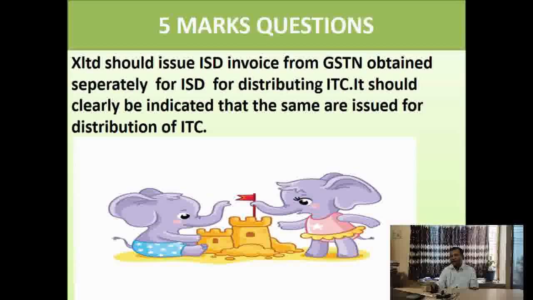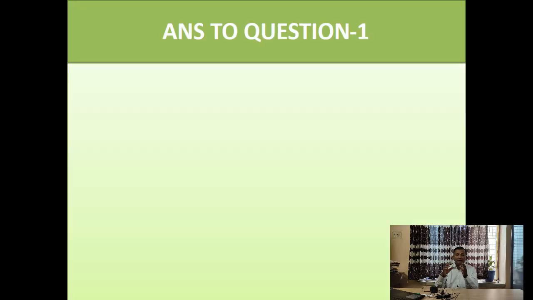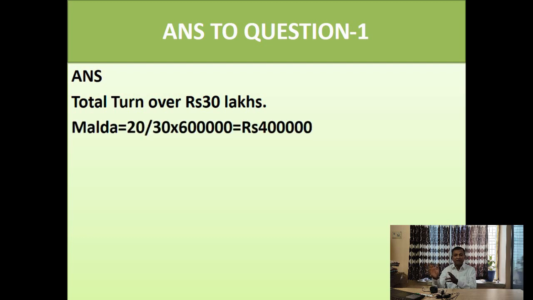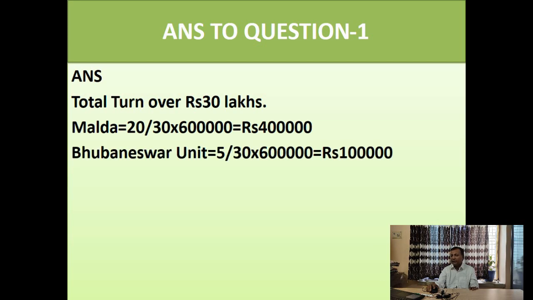Total turnover 30 crores, और 9 लाख से 3 लाख फॉर स्पेसिफिकली फॉर मालदा लेस करने के बाद जो रहेगा, that will be distributed in the ratio of 20 by 30. So 20 by 30 into 6 lakh, that is 4 lakh. Bhubaneswar 5 by 30 into 6 lakh, this is your 1 lakh. Then Chennai, this is also 1 lakh. So in this way it will be done.